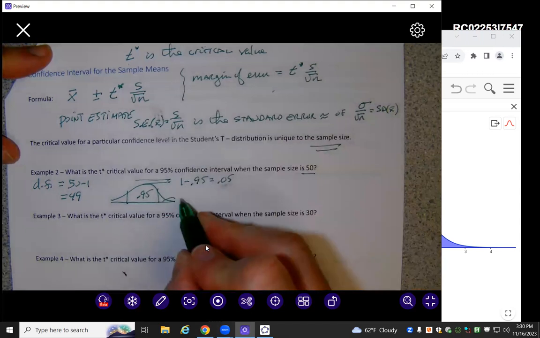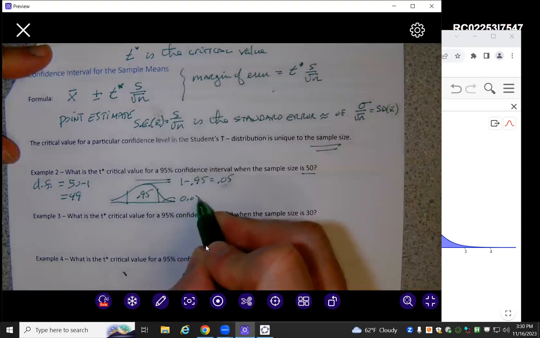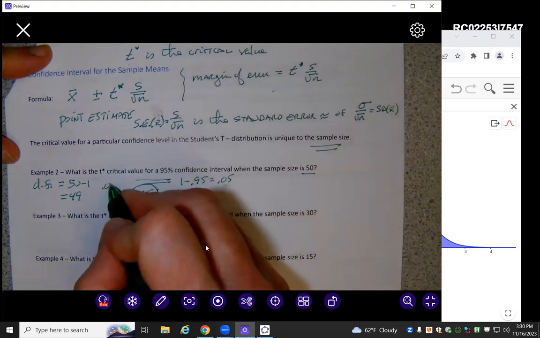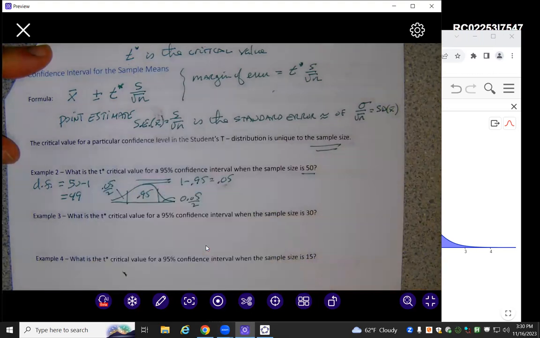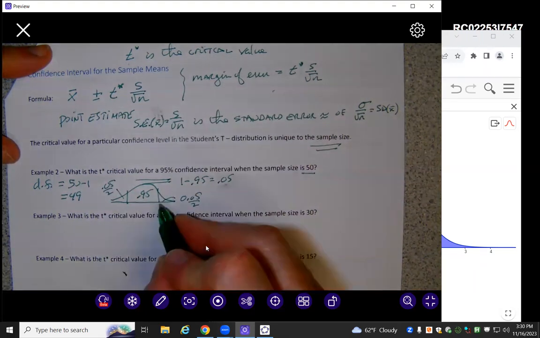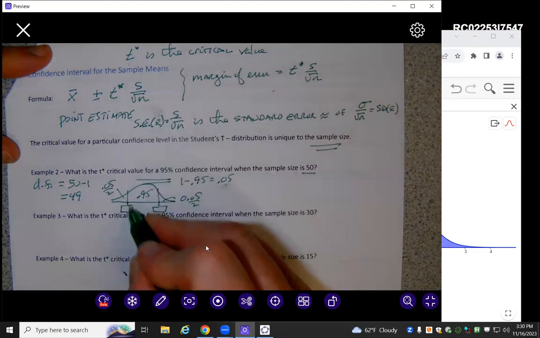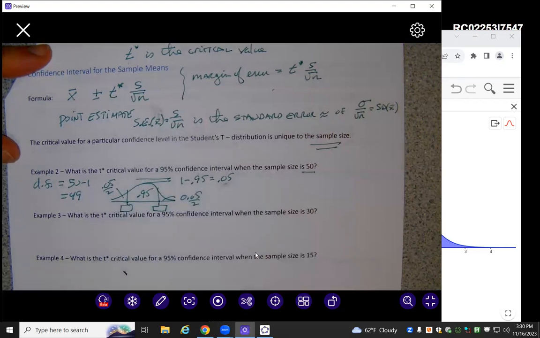So this side is just half of that 0.05, and this side is also half of that amount. So together we get 100%. So it doesn't matter which side you do. I always like to choose this side because it will come out positive. This side will be the same number, but opposite in value.